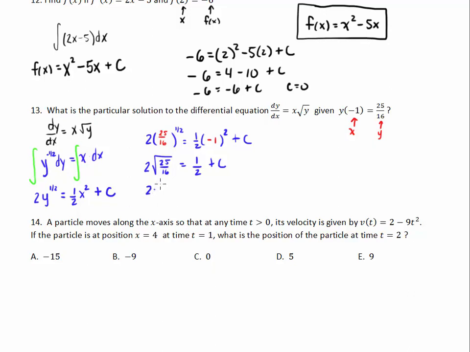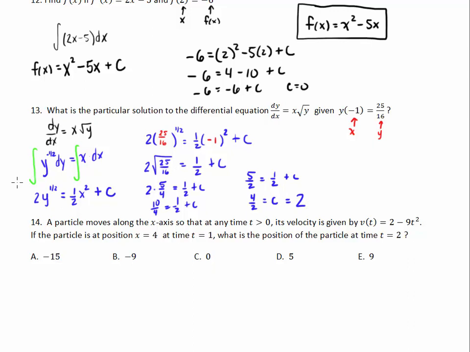So this is really 2 times 5/4 equals 1/2 plus c. 2 times 5 is 10, so this is 10/4, or if you want to write it as 5/2, which we'll do in just a second. So I really have 5/2 equals 1/2 plus c. Subtract 1/2 from both sides, and we get 4/2 is our c value, which is 2. So our c value is 2.